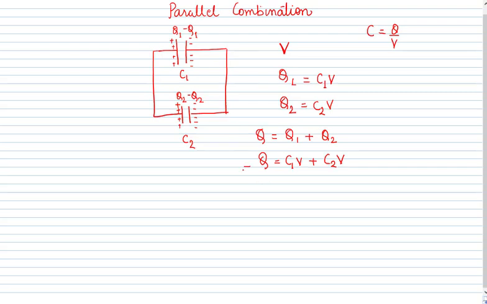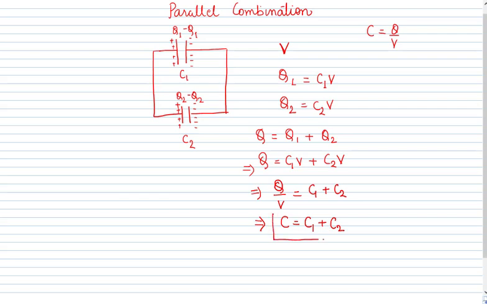So now V is common in both the terms, so we can take V this side. Q upon V is equal to C1 plus C2, and again the magic formula Q upon V will give us the value of C. So the total capacitance is the sum of the capacitance of the first capacitor plus the capacitance of the second capacitor.